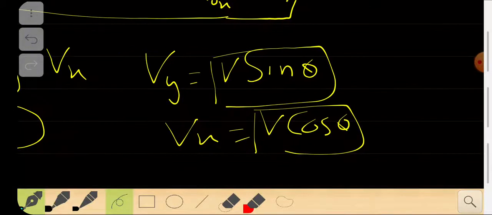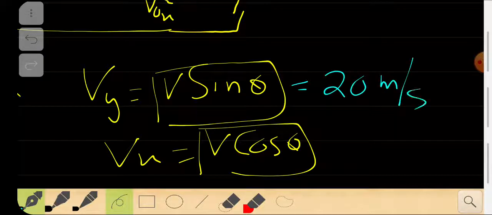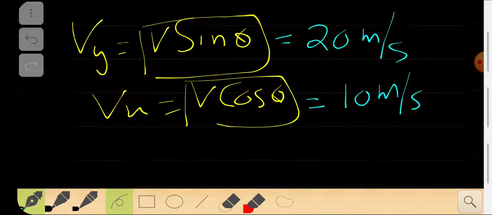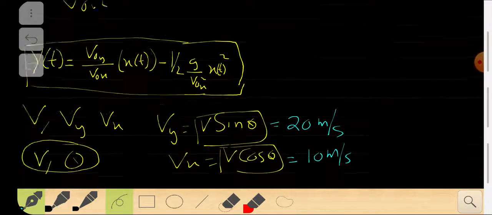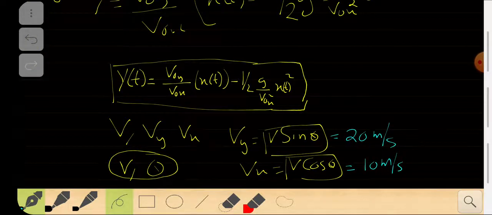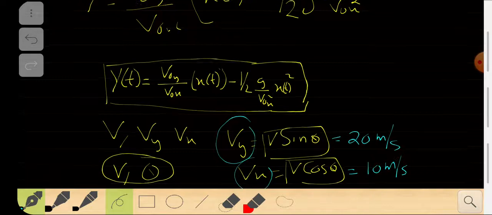So let's assume that vy is equal to 20 meter per second, and vx be 10 meter per second, right? Then we can use this equation, and we can substitute v0x and v0y as the same as vy and vx here. There need not be any confusion about that.